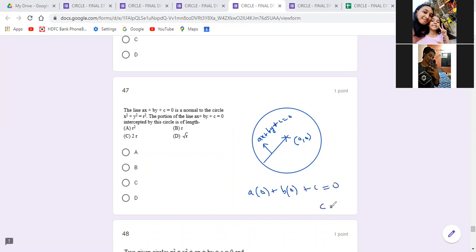So c's value should be 0. They want the length of the portion of the line intercepted by the circle. If it's a normal, what will the portion of the line be? It will be the diameter, not the radius. So 2r.